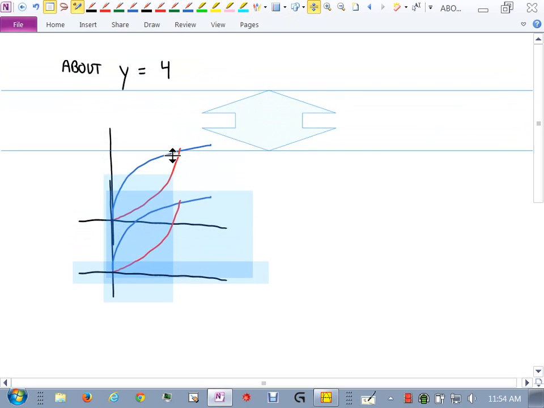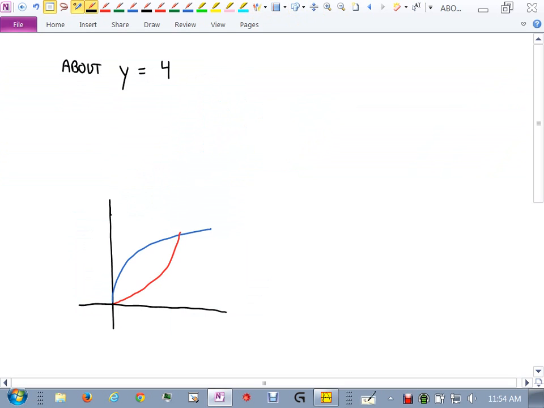Y equals 4 is above this, isn't it? How are we with that? I know I'm going kind of quick here, but does everyone see the axis of rotation, where it is, y equals 4? This time it's above it, isn't it?